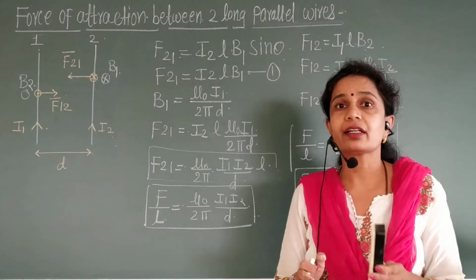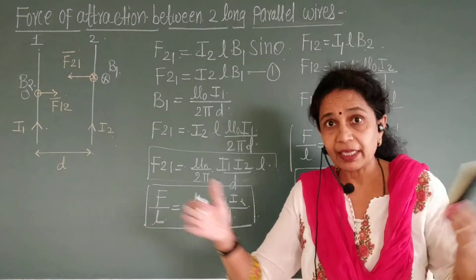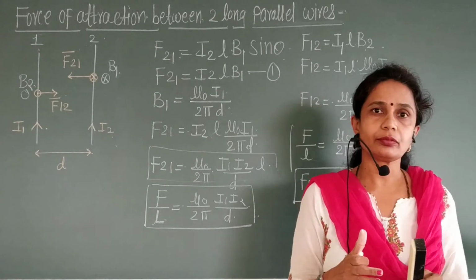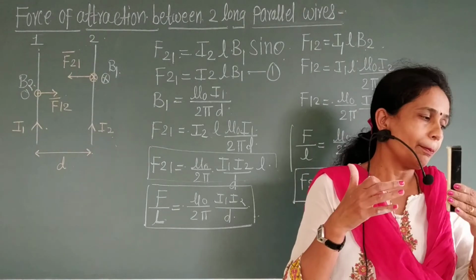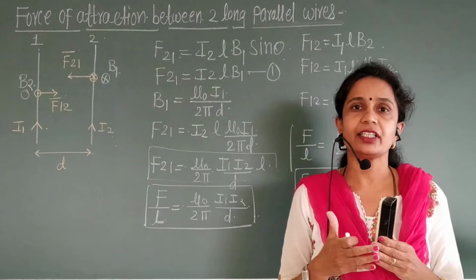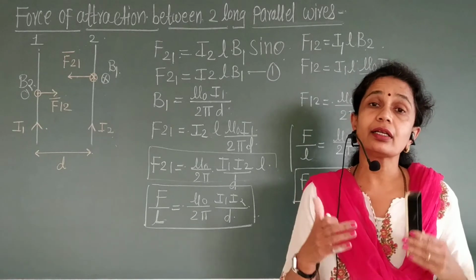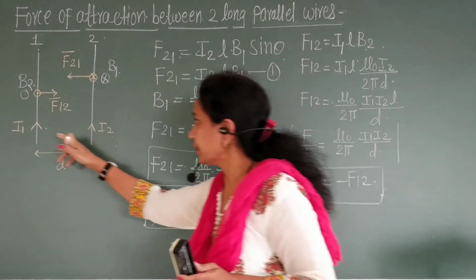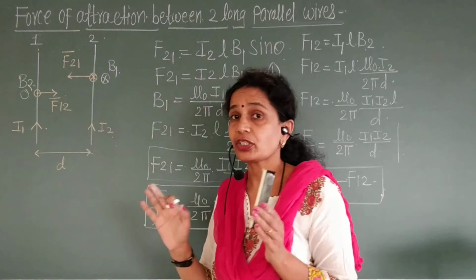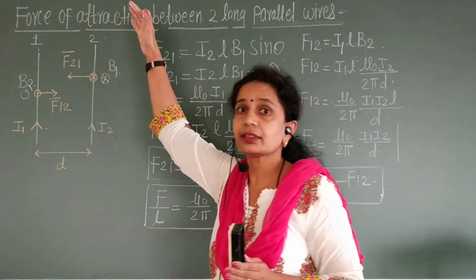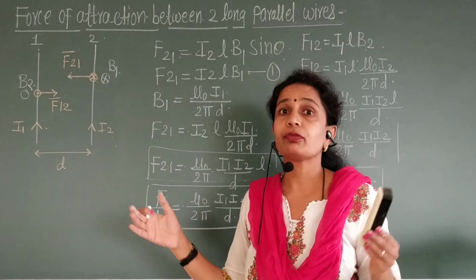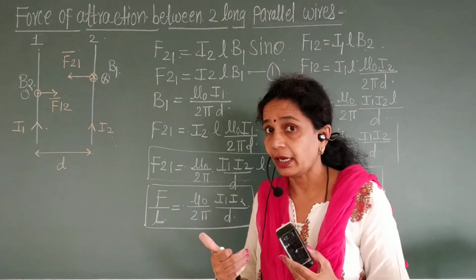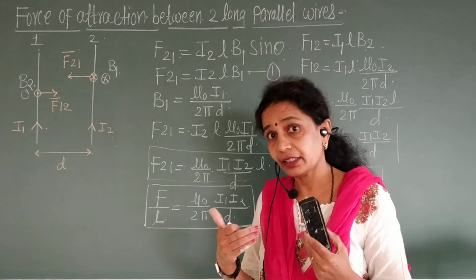Parallel currents attract each other and anti-parallel currents repel each other. Here, the direction of current is the same, therefore these two wires attract each other.